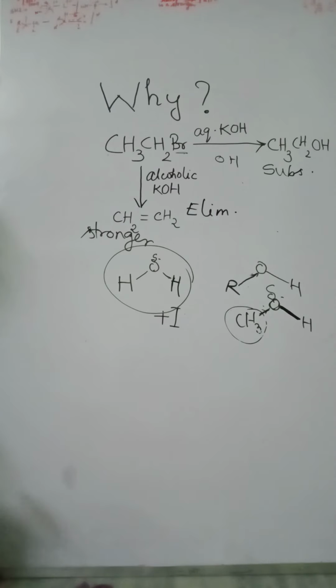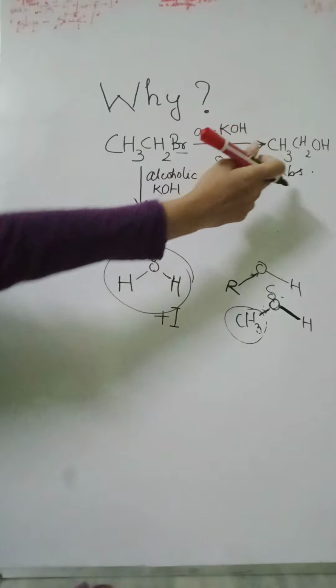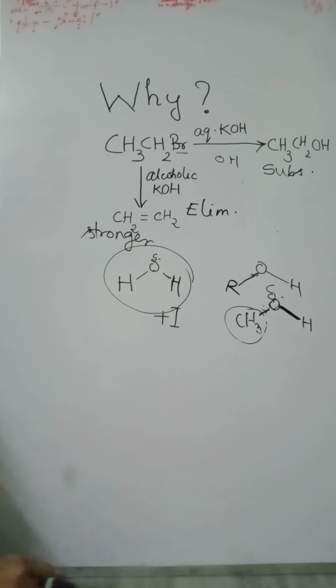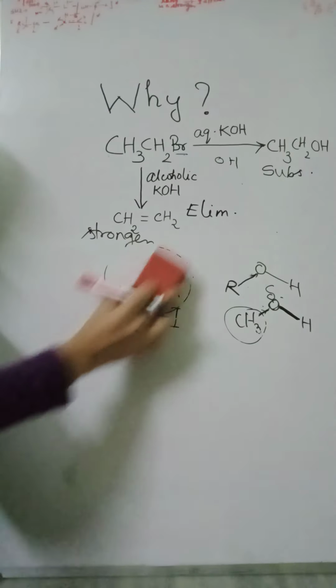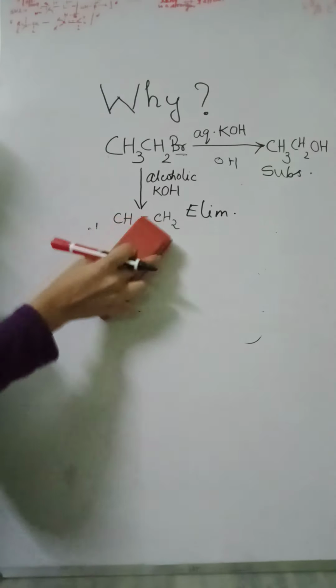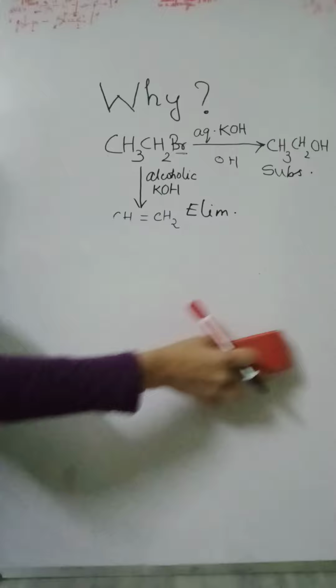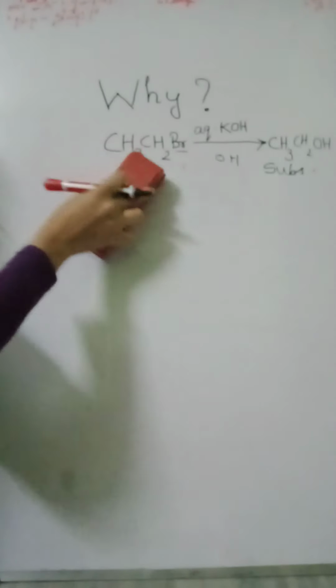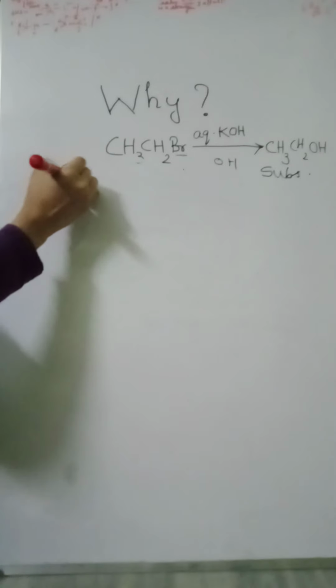Now, for the second part of answering this question why, we'll have to take a look at the transition states formed when a substitution and elimination reaction takes place. Let us consider the SN2 mechanism.